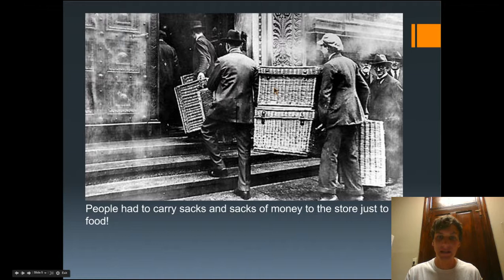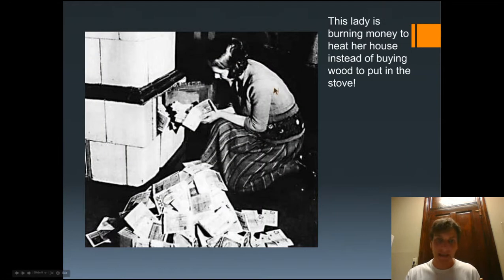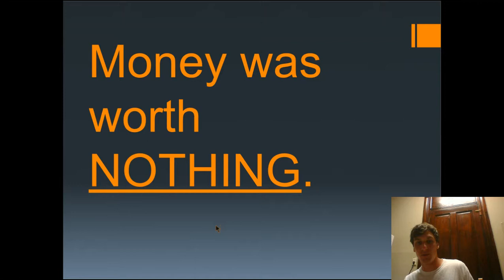It was ridiculous. Money was worth nothing. This lady was burning money instead of buying wood just to heat her house, like a stove. She doesn't want wood, so she puts money in there. Crazy. German money was worth nothing because they had to pay so much to people, and they didn't have any, so they just printed it. Result, hyperinflation. Money was worth nothing.